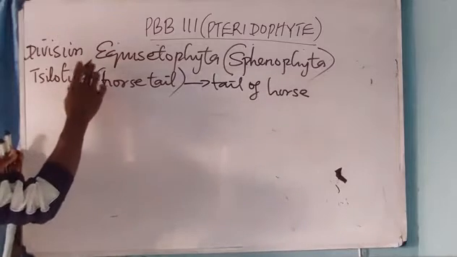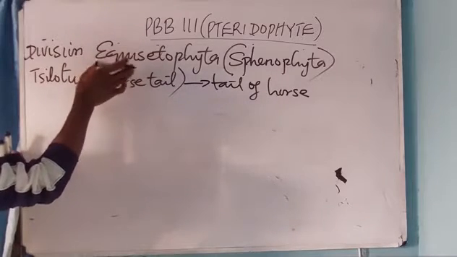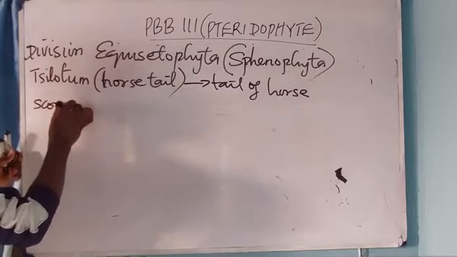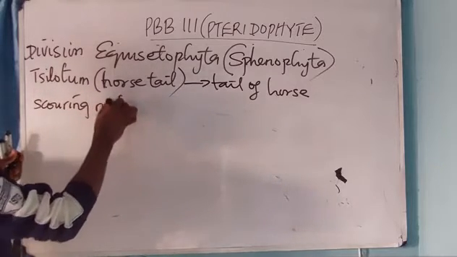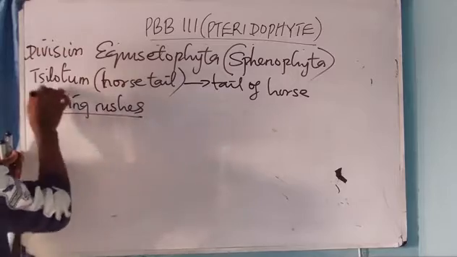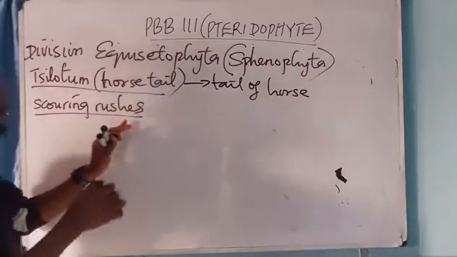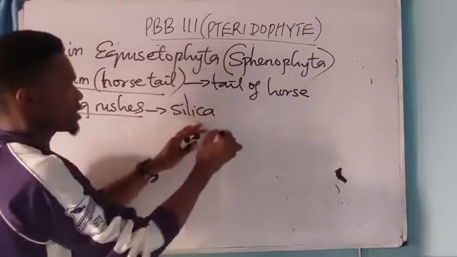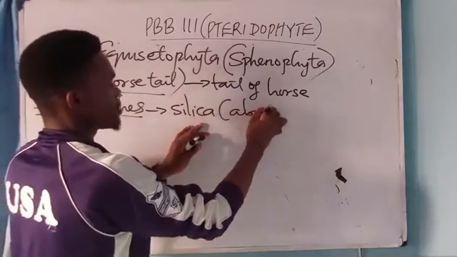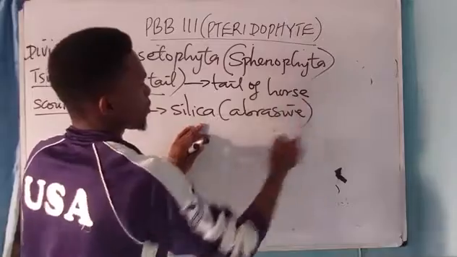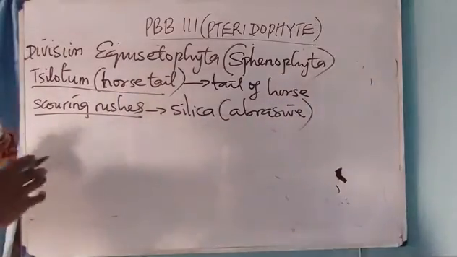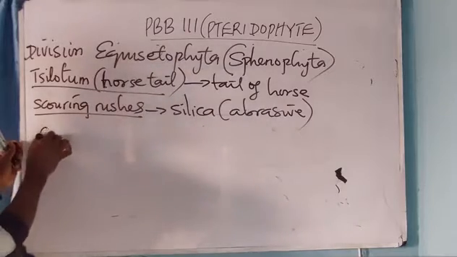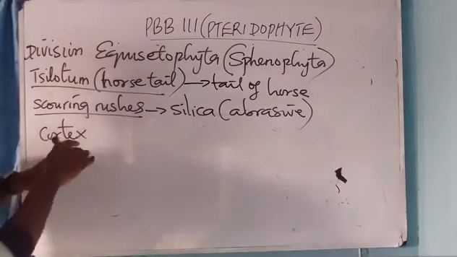Now these Coelom or these Coelophyte are also called what? Scouring rushes. Take note of these names. They're also called scouring rushes because they contain silica, and this silica is used as what? Abrasive. Alright, please take note of that. Now, the cortex of Equisetophyta has an opening inside.